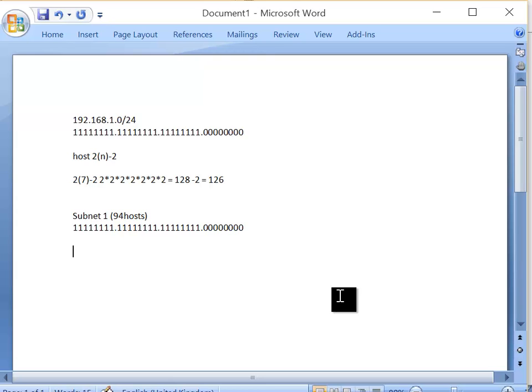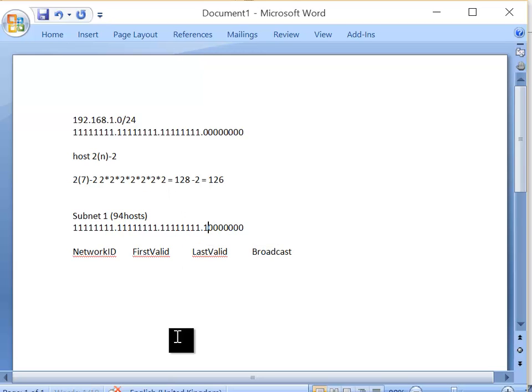Okay, so we have to think of the network ID, the first valid address, the last valid address, and the broadcast. So for subnet 1, we need 94 hosts, and we're going to reserve 7 zeros. So one of these 0s will become 1.